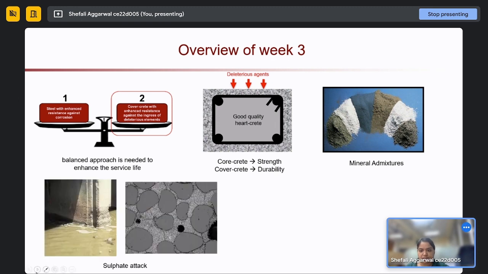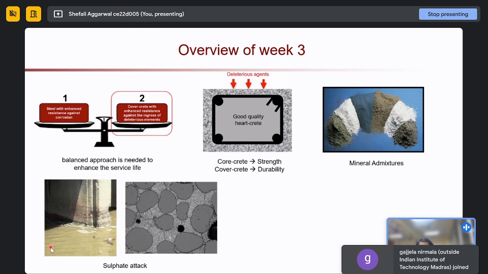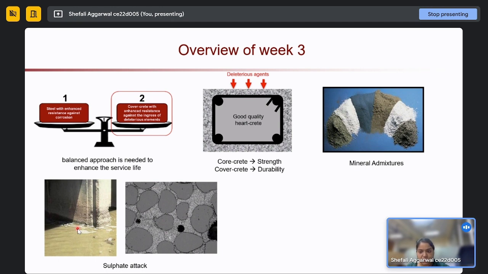Next is the sulfate attack. We have two types of sulfate attack, external sulfate attack and internal sulfate attack. Because of the presence of sulfate, the sulfate will react with the concrete and form ettringite. The more ettringite forms, the more it will expand and cause cracks in the concrete system.